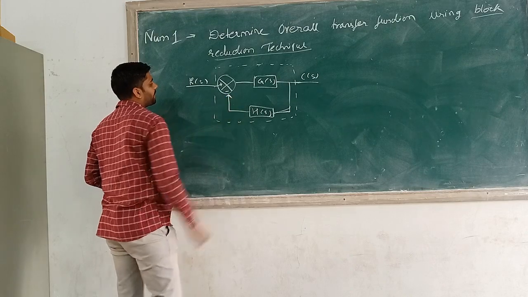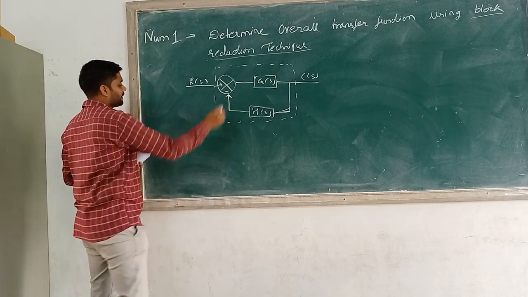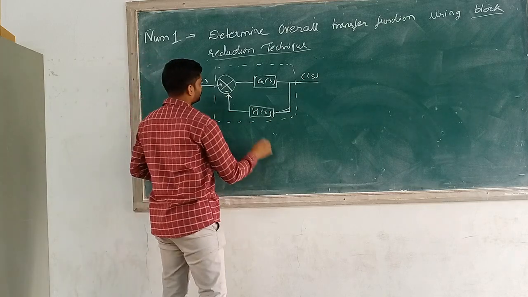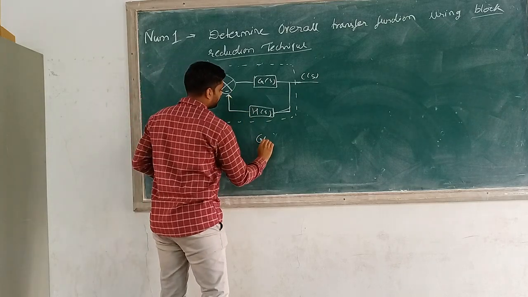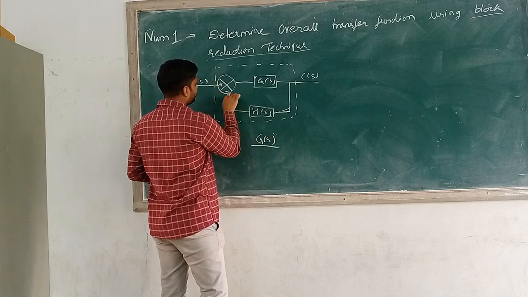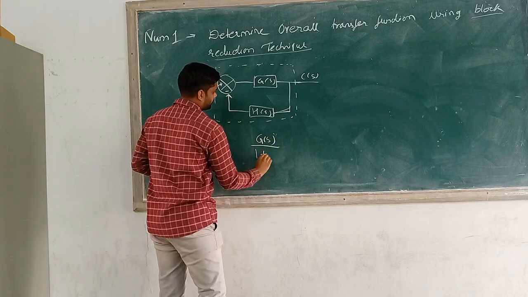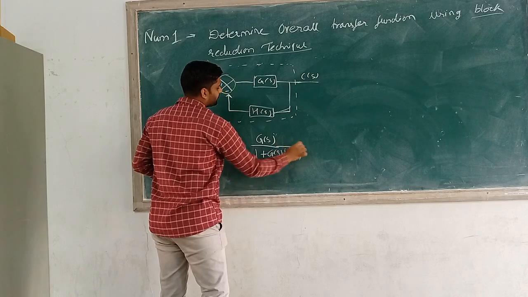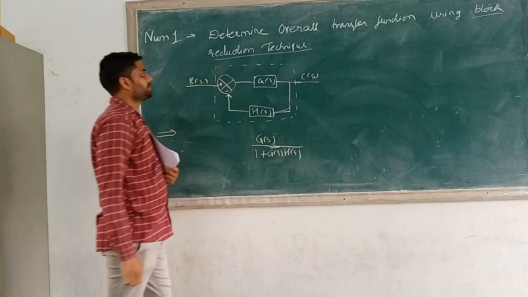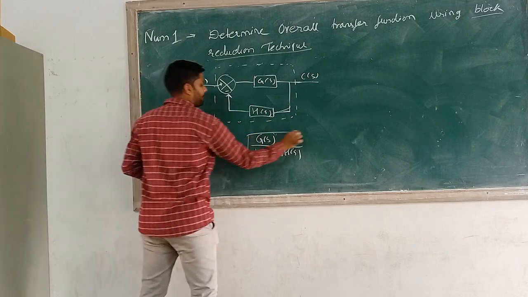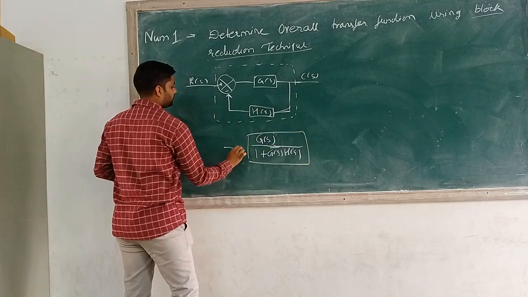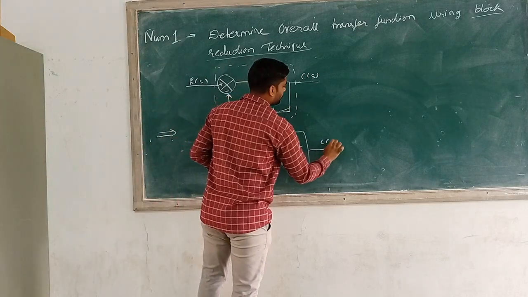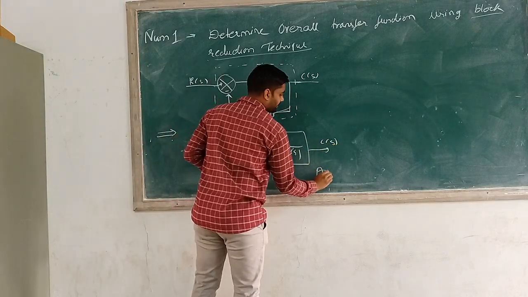So this is the negative feedback loop, and by using this rule we can reduce it as G of s upon 1 plus G of s into H of s, negative feedback. You can see your rule number 3 here. This is input R of s. This is output C of s, and this is the answer.